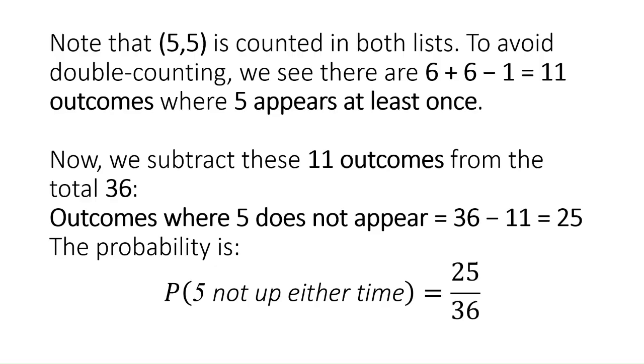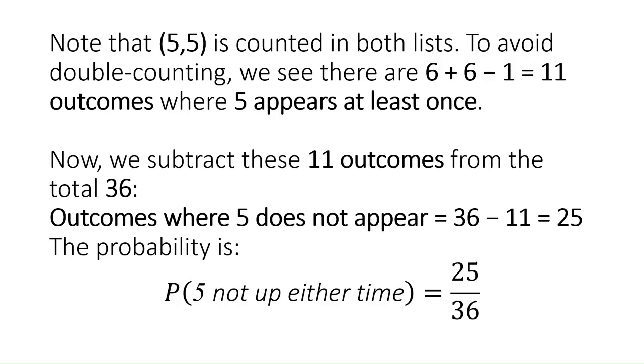So we need to subtract these 11 outcomes from the total 36 to get the outcomes where 5 will not appear. The total outcomes are 36, and 11 outcomes have 5 appearing at least once. So the outcomes where 5 doesn't appear will be 36 minus 11, which is 25.